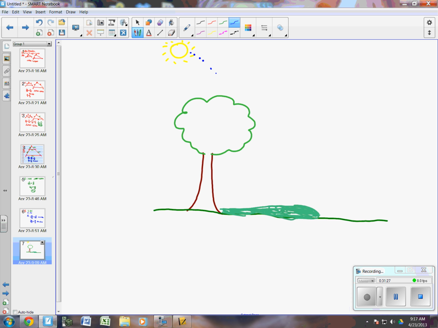And it casts this shadow down right here. That's my shadow right there, that big green blob. Okay? And it casts that shadow down right there. And we want to approximate the height of the tree. So from here down, we're going to call it H.